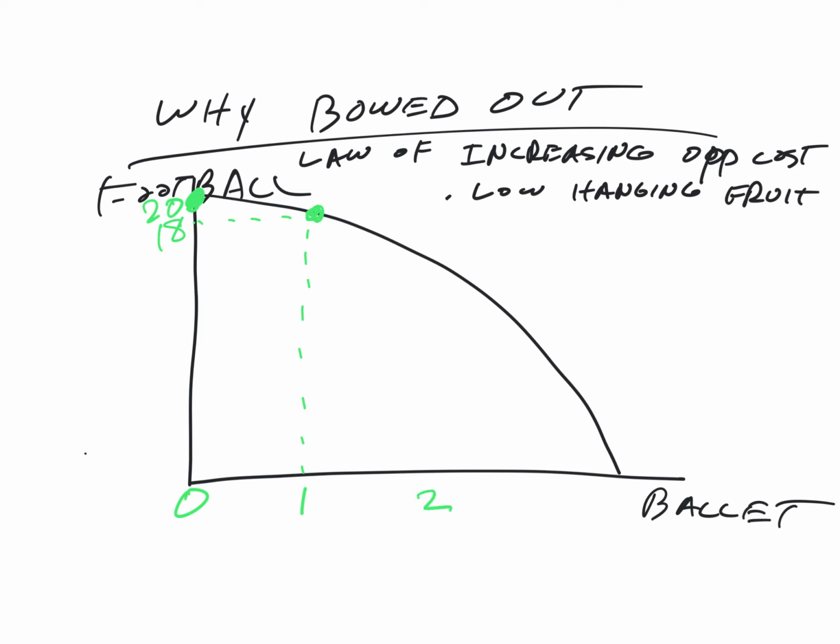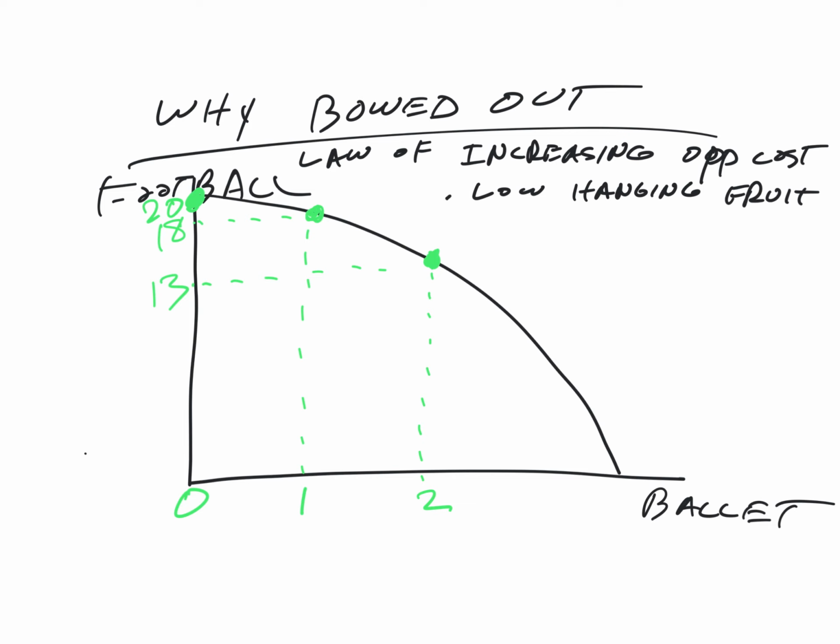So we decide to go for a second ballet. And we decide to produce at this point right here. Okay, right there. Well, what is the opportunity cost of the second ballet? Well, the second ballet caused us to go from 18 down to 13.